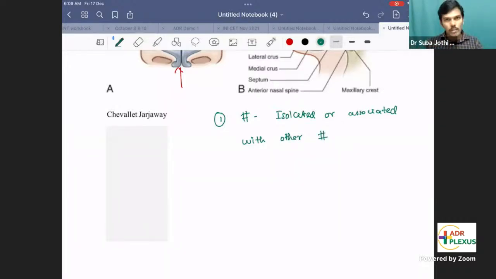How can we look into it? Nearby a lot of bones are there, so we should look at the clinical features of the corresponding bones, but the one that should be immediately looked at is the nasal septum. So we should look for whether the nasal septum is deviated or not.